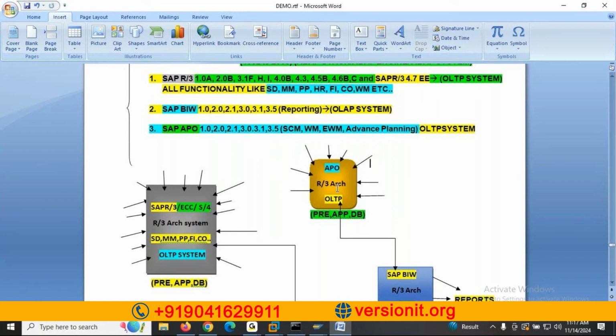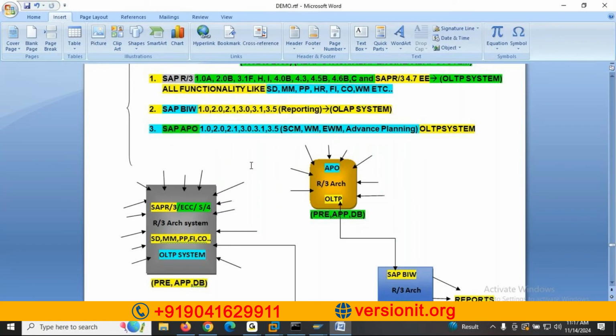Online transaction processing system. You've seen that data is also coming in. Every day people who are sitting in these departments are going to enter the data. Supply chain department is separate. Extended warehouse department is separate. The people will log in with the data. Fine. This is your second system, APO.